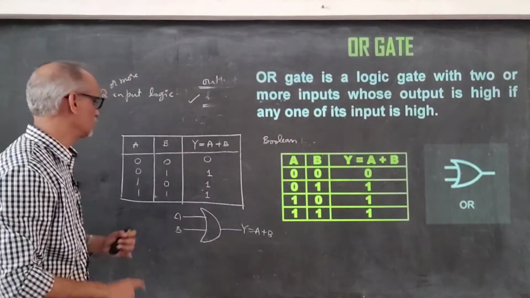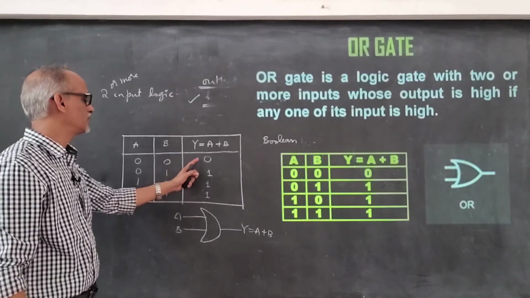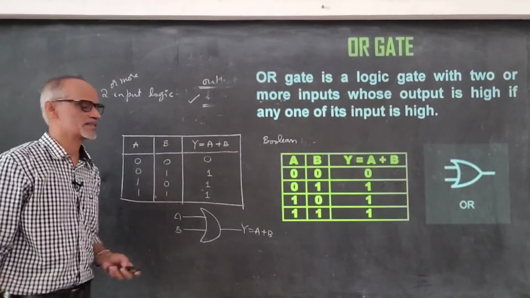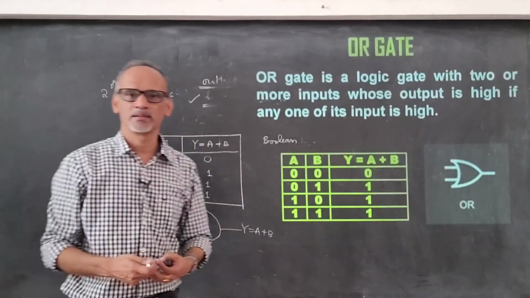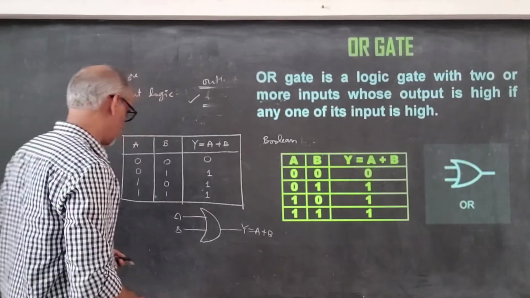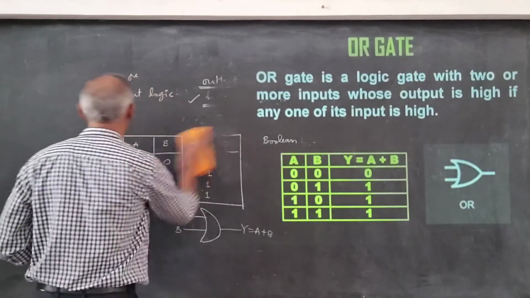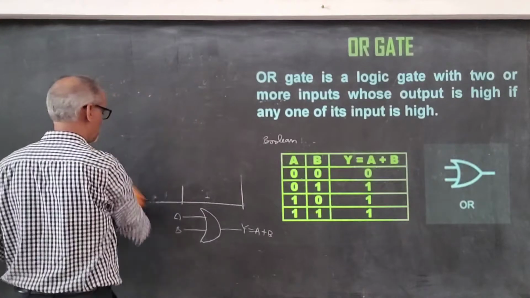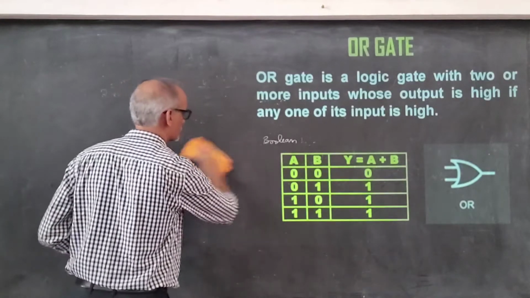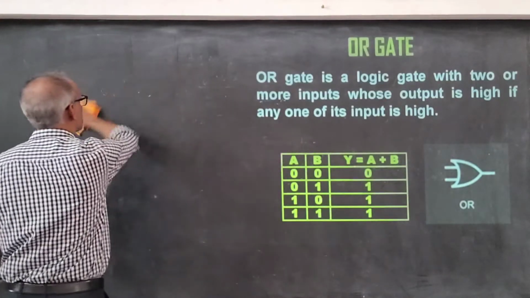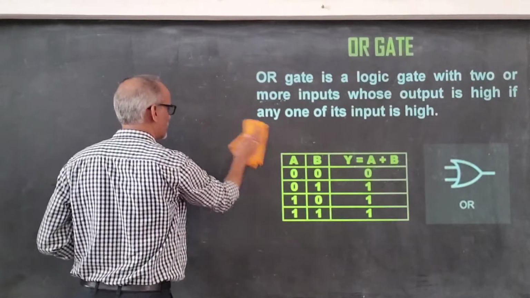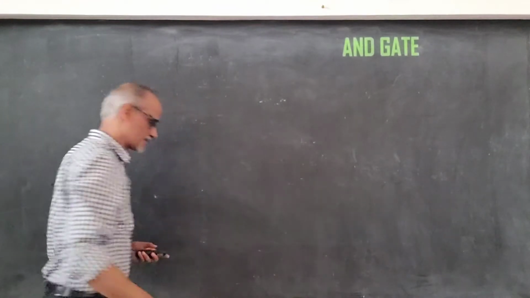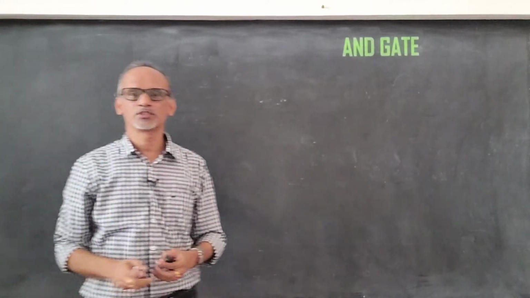What do we mean by logical addition? Logical addition means the output is high when any one of the inputs is high, and we can design this OR gate with the help of diodes. So this is one of the basic gates. The next gate is the AND gate, and this AND gate performs logical multiplication.